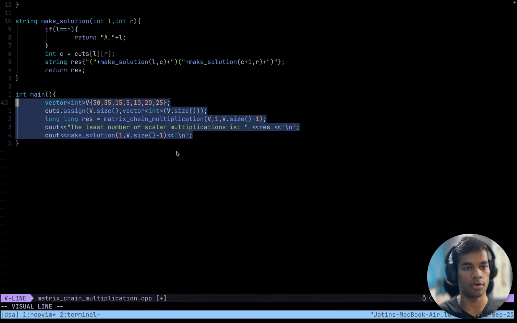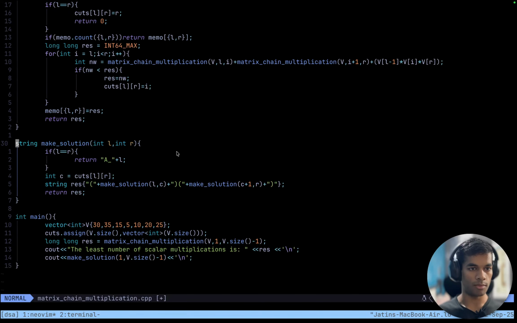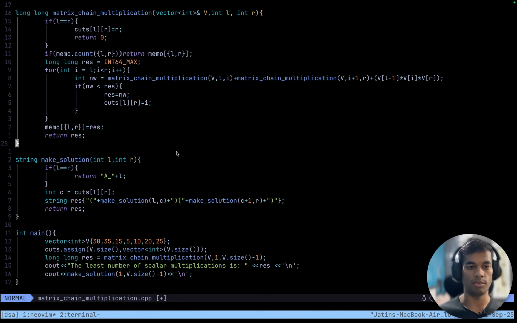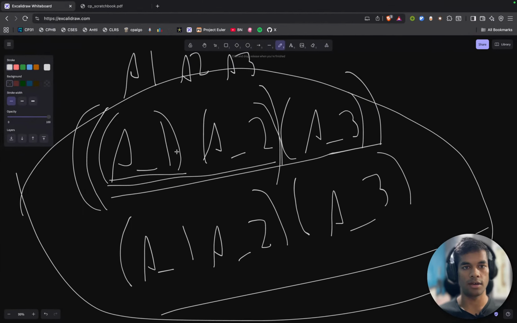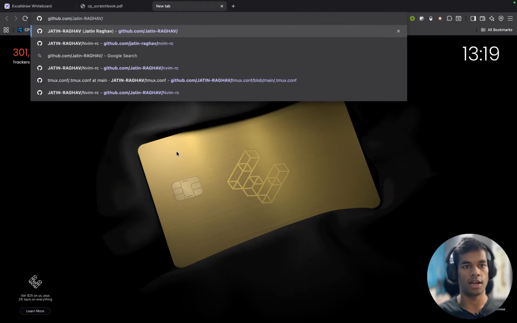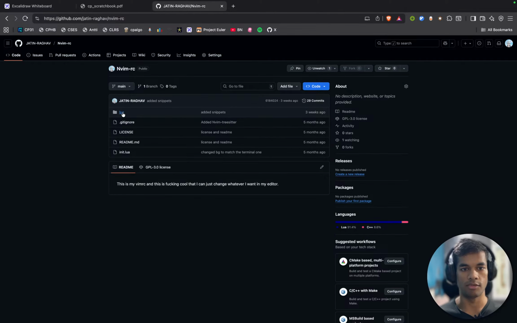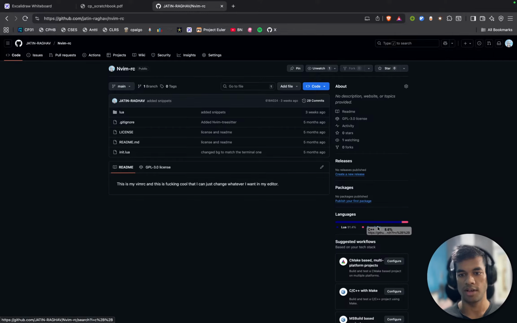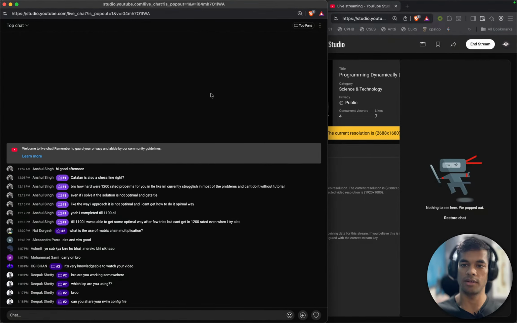So they are not very good friends. So therefore, I'm working without any LSPs for C++ specifically. And if you want the config, it is at my GitHub repo, nvim rc. There, you can go there, and there is my whole config, and that is like nice. It also has my boilerplates for C++ competitive programming.